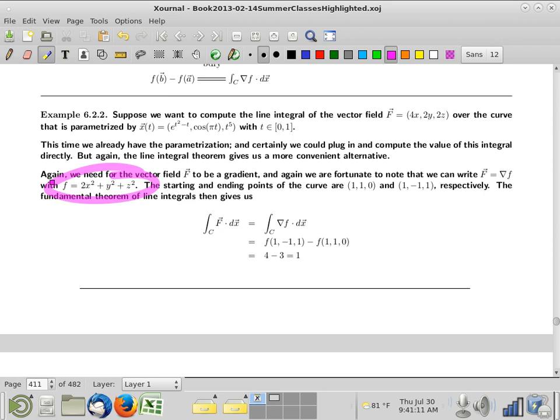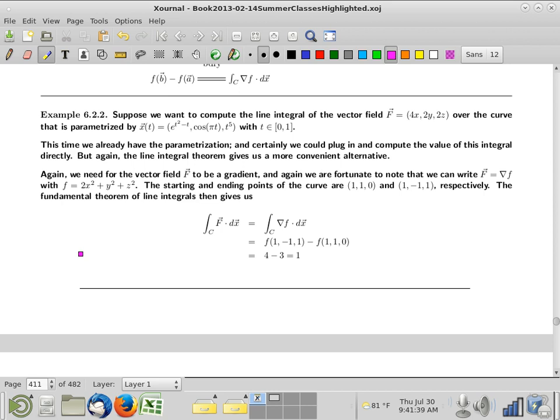I do have to start off with some bad news, and that is we're going to have to accept disappointment sometimes. Sometimes we're not going to be able to find an anti-gradient. And it's not because it's algebraically too hard sometimes, although I suppose that's true as well. But sometimes the reason we're not going to be able to find an anti-gradient is because it doesn't exist. This is a new kind of problem.